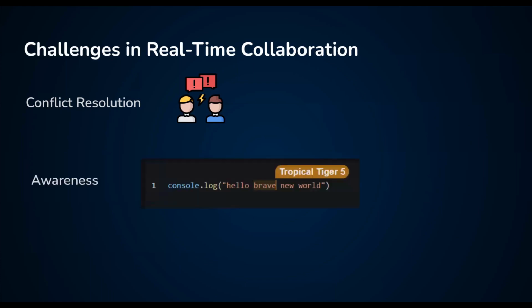Secondly, awareness broadcasting. Each participant needs to be aware of the others in the session, understanding who is making changes and where, striking a balance between being informative and overwhelming. Last, latency minimization. Updates to the shared document should be swift and reliable, ensuring that what users see is up to date and accurate.